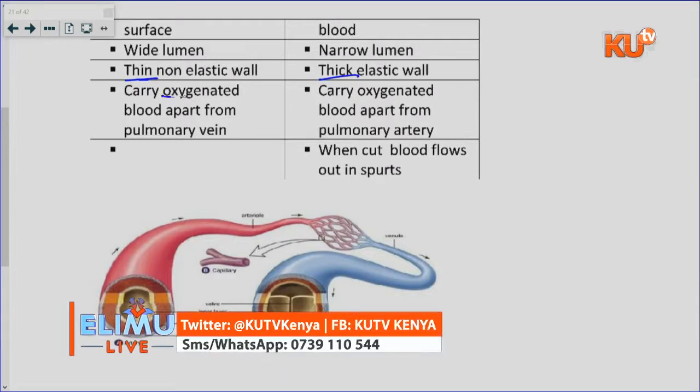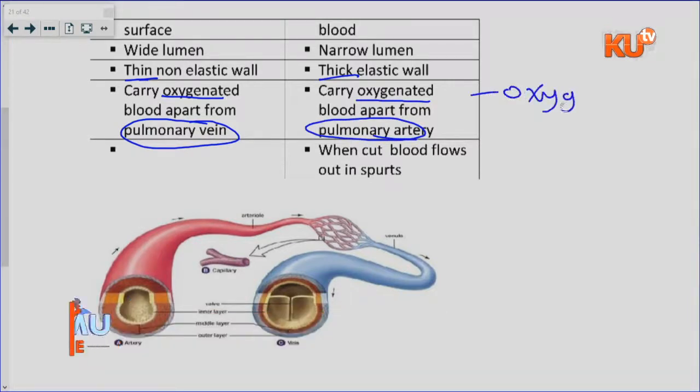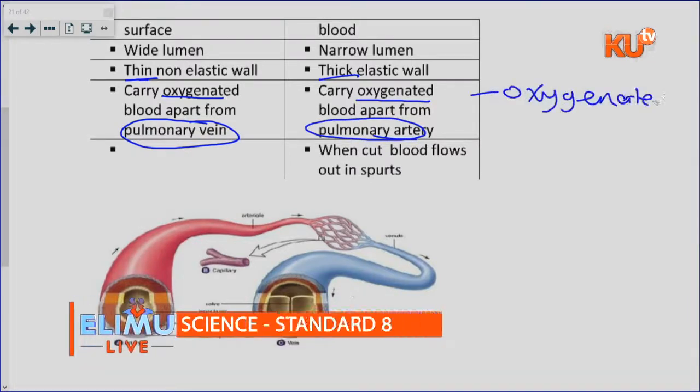Veins carry deoxygenated blood apart from the pulmonary vein. That is a key point. Veins carry deoxygenated blood apart from the pulmonary vein, while arteries carry oxygenated blood apart from the pulmonary artery. Oxygenated blood is blood that has oxygen in it.